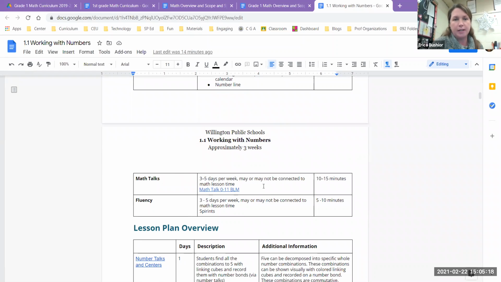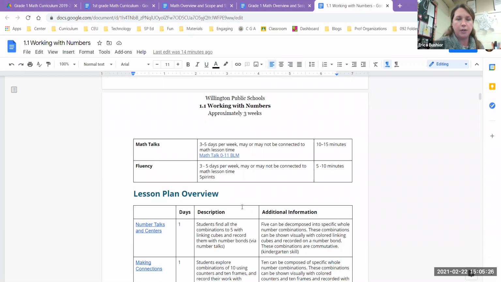The math talks, which we spent a lot of time in district working on, and then building back in that fluency. So they'll have a fluency folder by the time this is launched.